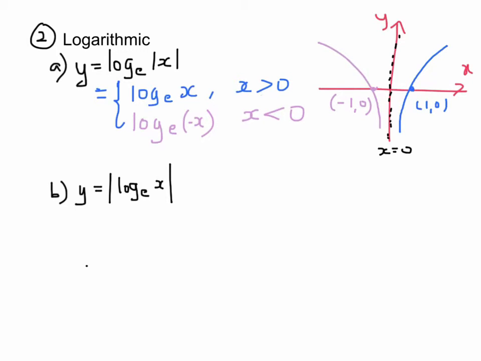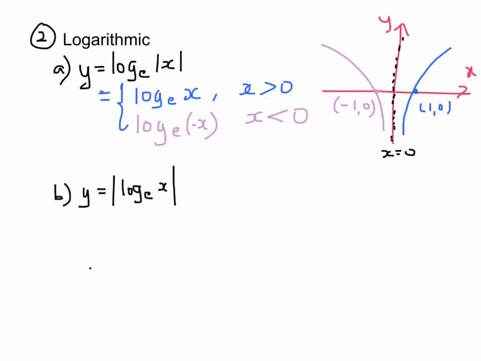Now here's a second scenario where you have the absolute value of all of, this is the log e there. You're taking the absolute value of the whole thing. Now the easiest way of doing this is to actually have the original sketch of what's in the actual bracket in the first place.